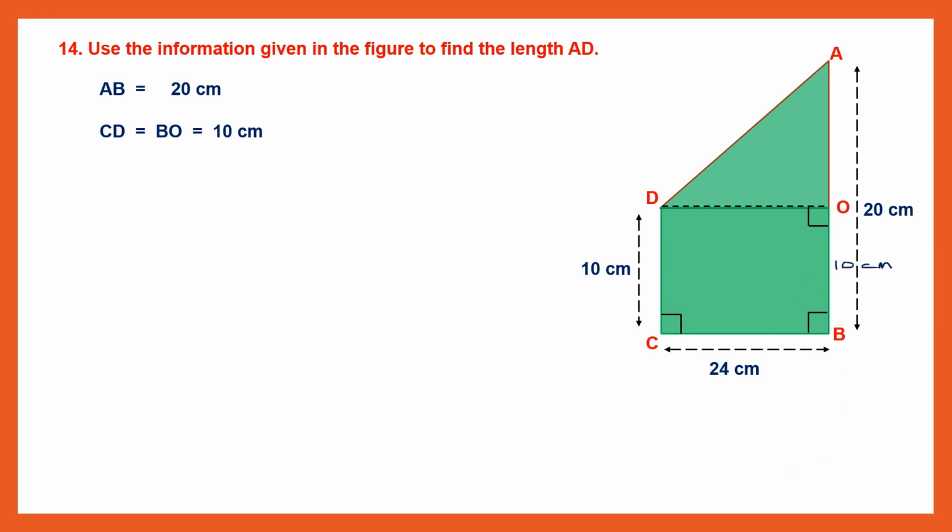So now that we know that AB is 20 centimeters and OB is 10 centimeters, if we subtract these two, won't we get this measurement, AO? Okay, so let's get that.